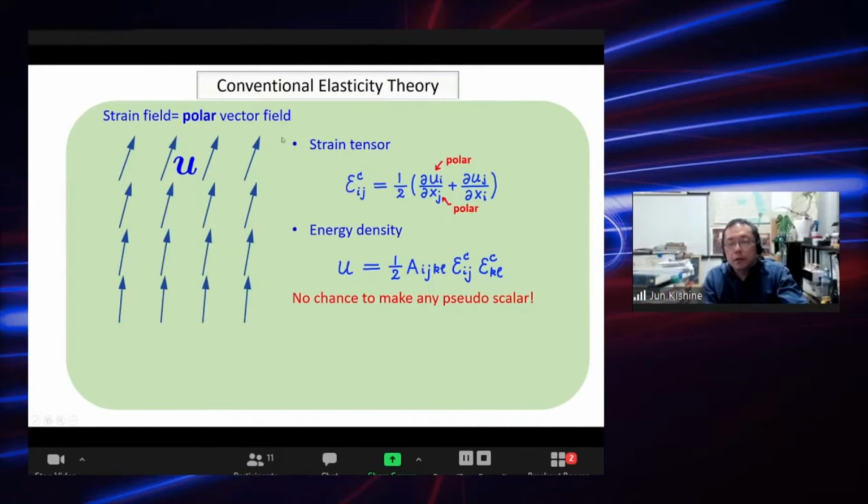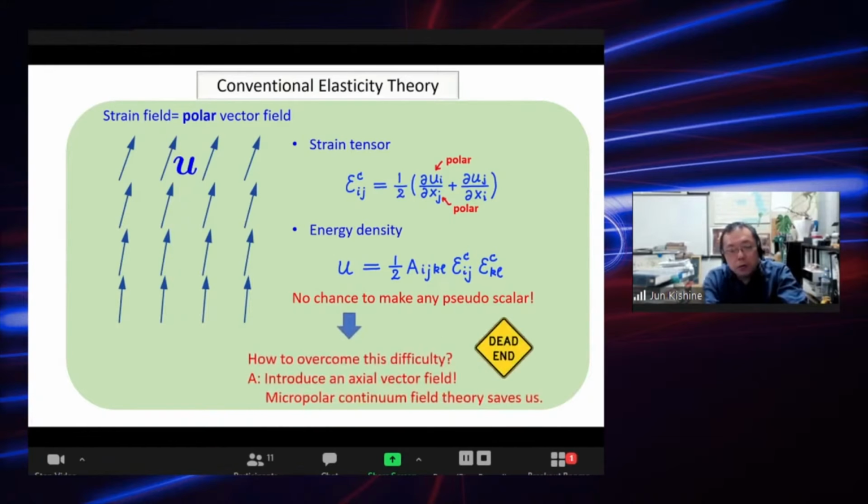Usual elasticity theory consists of the strain tensor like this. However, this strain tensor includes only polar vectors, displacement and position vectors are both polar. So there is no chance to create any pseudo-scalar. This is like a dead end.